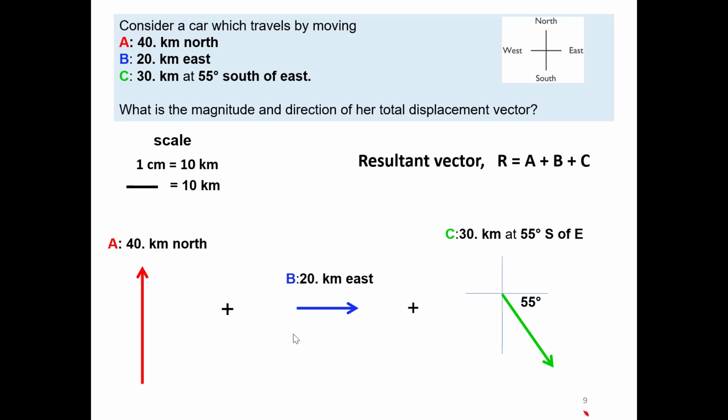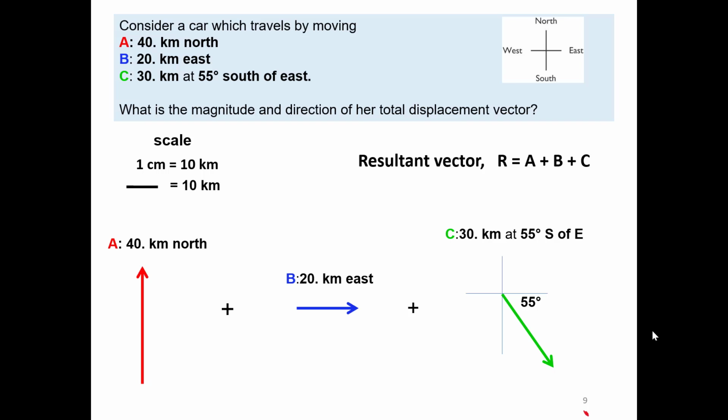For the last vector, we have to be careful because the vector is not parallel to any of the cardinal points. And in that case, we need to use the protractor. The first thing is, it is south of east.